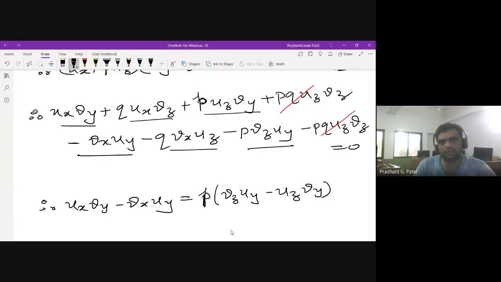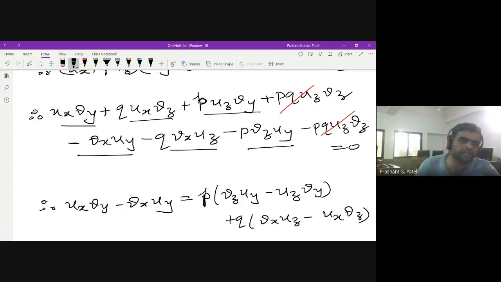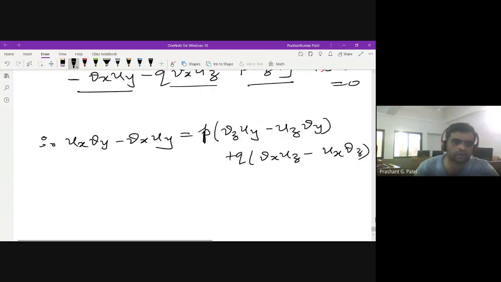Here also we do the same thing. Q is common out and take it on the other side. So this will become plus vx uz minus ux vz.